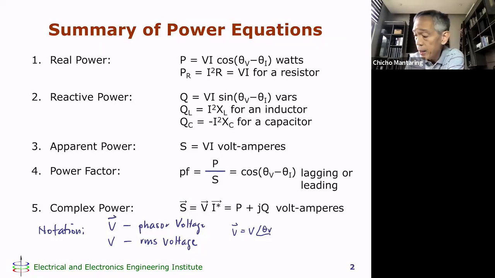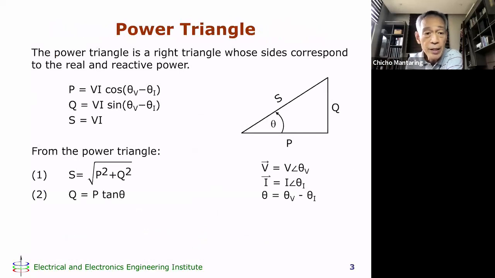Okay, then last time I said, it's very easy to remember these relationships if you think of a right triangle, whose hypotenuse is equal to apparent power, the height is your reactive power and the base is your real power. Remember, S is equal to VI. So it's very easy to see that P is equal to S multiplied by the cosine of this angle.